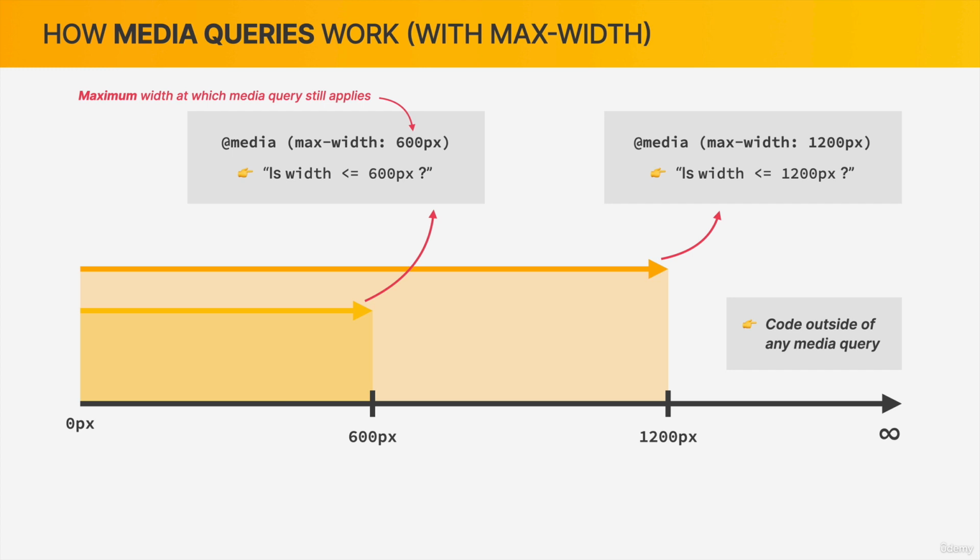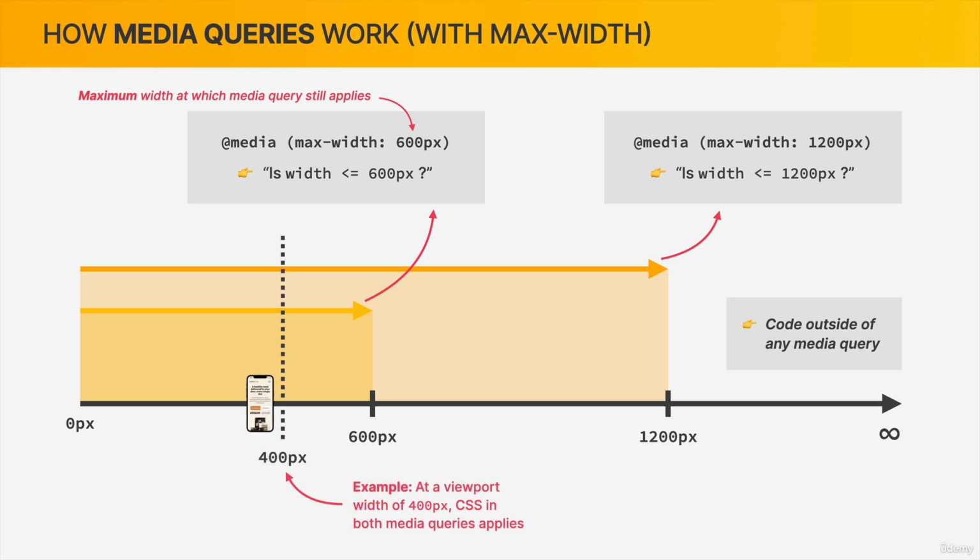Okay, but anyway, switching back to our two media query examples here, maybe you are wondering what happens if, for example, a certain phone has a width of 400 pixels. Which media query will apply in this situation? That is, of course, an excellent question. And the answer is indeed simple. Both queries will apply because both of the conditions are actually true, right?